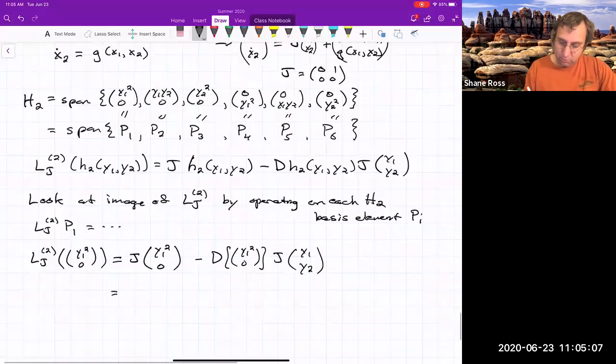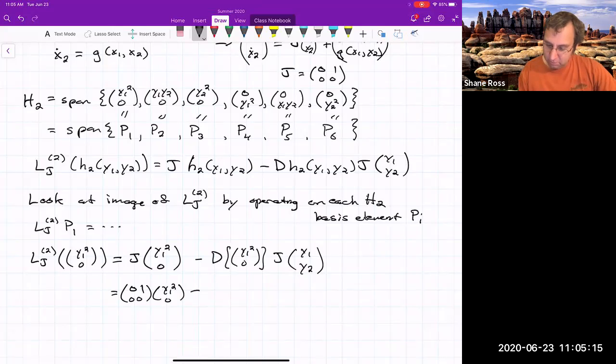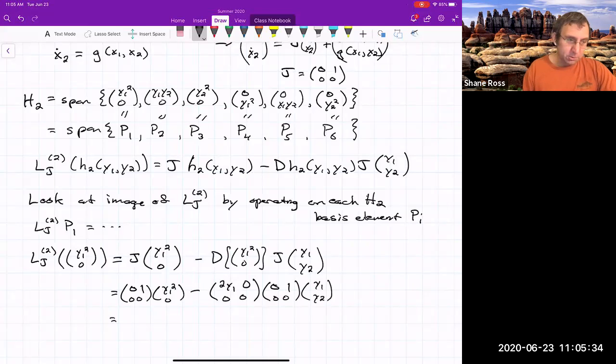Now plug in, what do we have for J? This is [0, 1; 0, 0] times (y1², 0). What is the Jacobian of this? It's going to be a 2 by 2 matrix, [2y1, 0; 0, 0]. And then again J, [0, 1; 0, 0], times (y1, y2). Work out all the matrix multiplication.